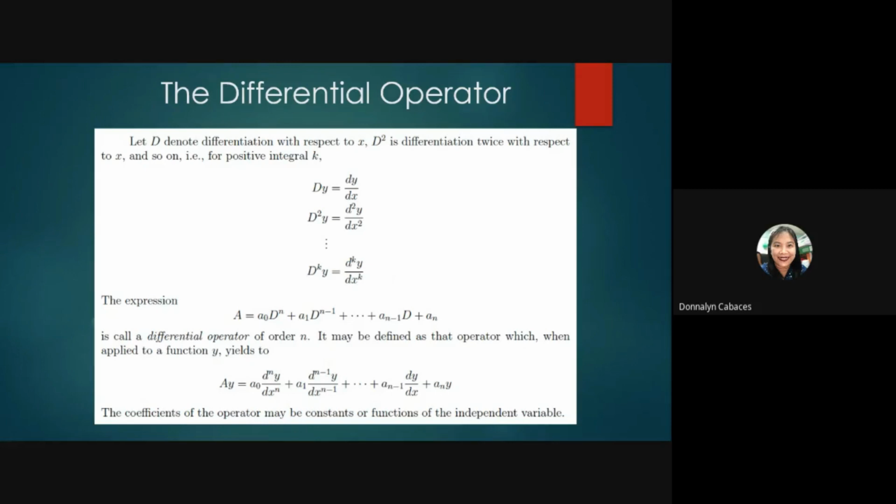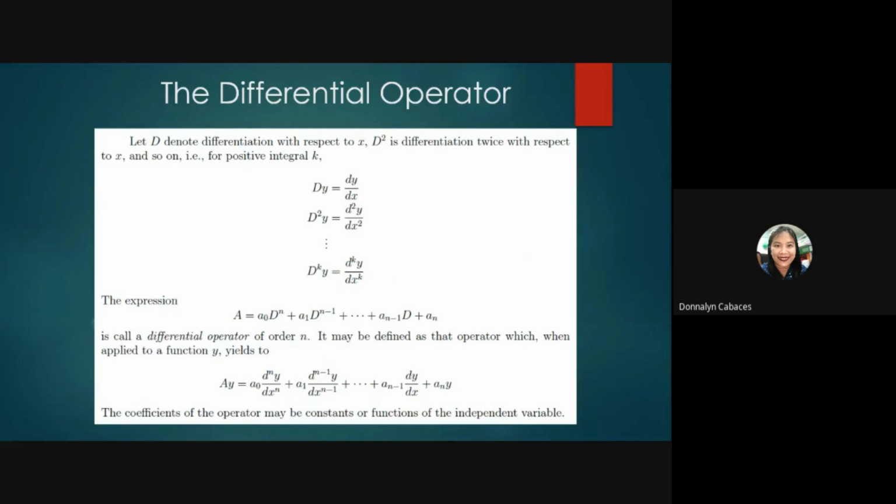The expression A is equal to a0 D to the n plus a1 D to the n minus 1 plus up to a sub n minus 1 D plus a sub n is called a differential operator of order n.